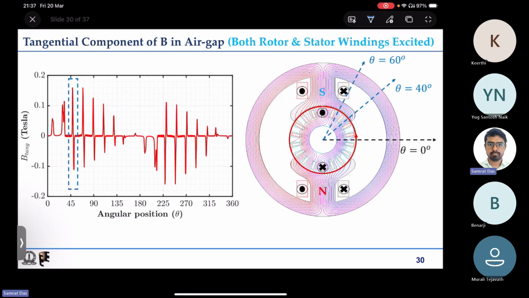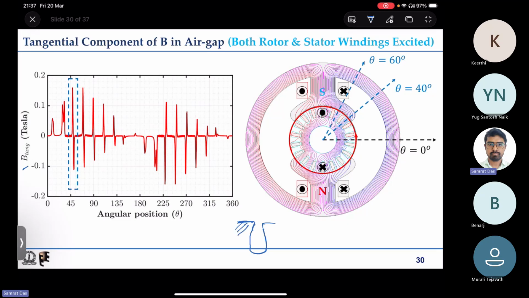Now let us try to see the tangential flux density distribution also, and in this case we'll take a zoomed in view and try to have a better understanding of that. So you can see that there are many edges in the tangential flux density distribution. I have already discussed that wherever you have a teeth, and in between two teeth you have some slot.